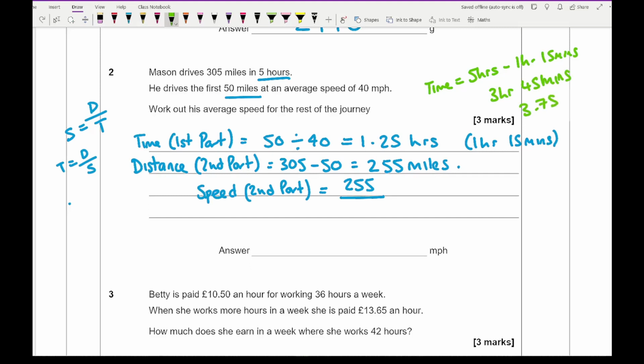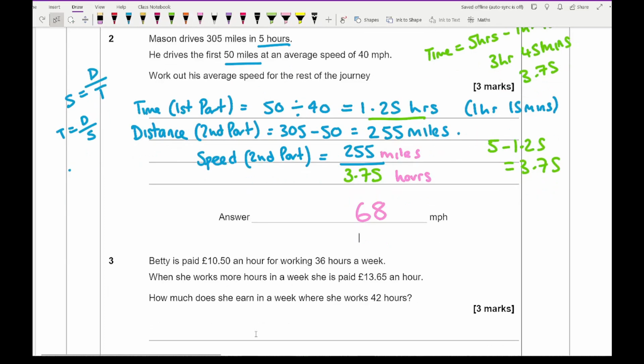Otherwise, I think what would have been better is if I did 5 minus 1.25, I get an answer of 3.75. So the time in hours is 3.75. And what's good practice is just writing down the units as well. So then working out the speed, 255 divided by 3.75 gives me an answer of 68 miles per hour.